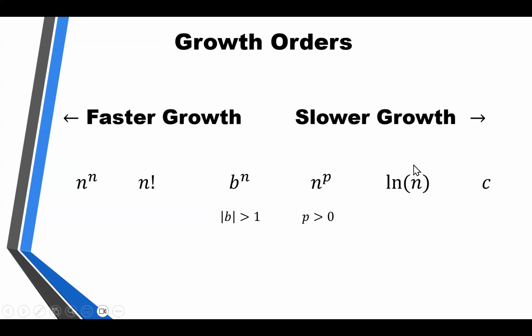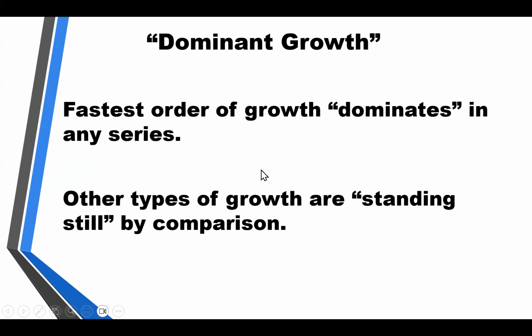Natural log growth is slower growth than n to the p, and then constant is like no growth. We're standing still. And what I am arguing is that the fastest order of growth is going to essentially dominate any series.